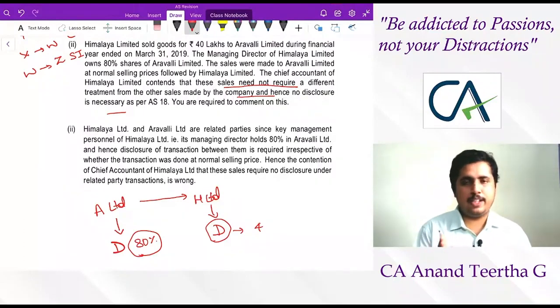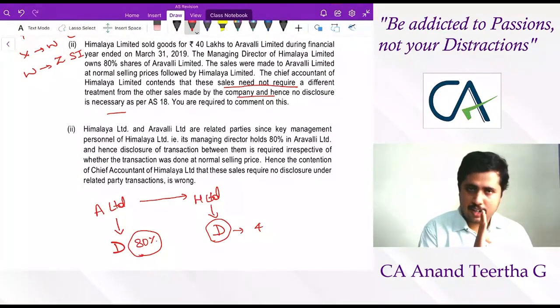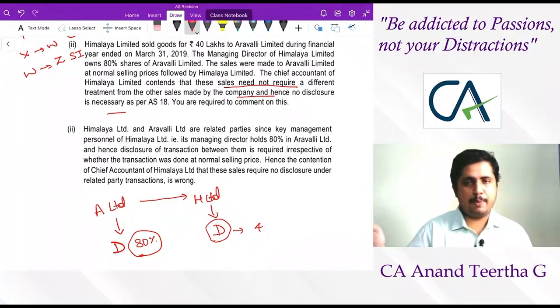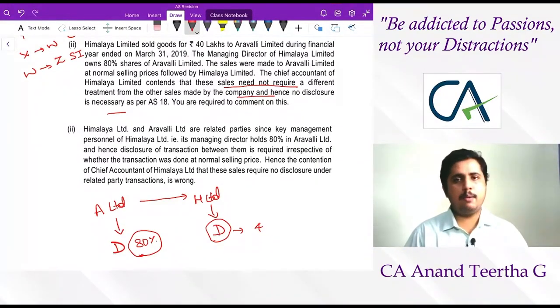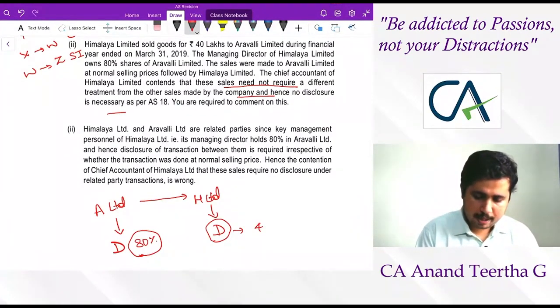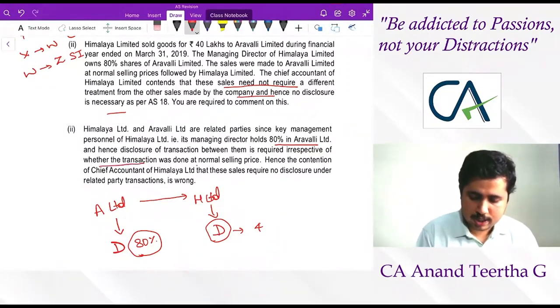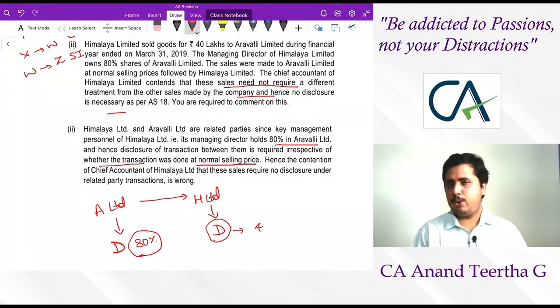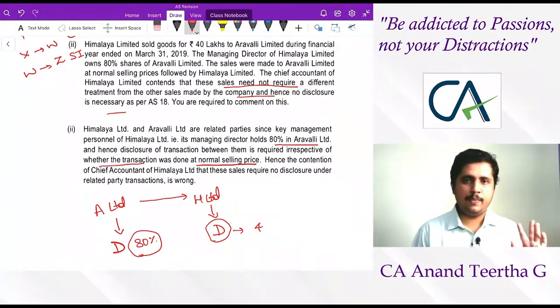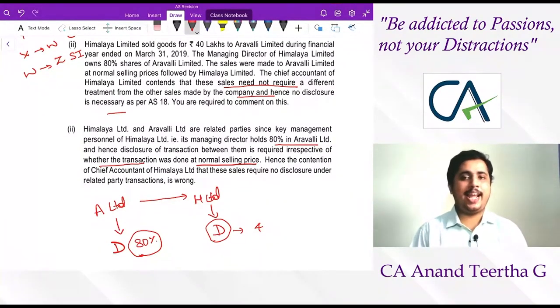Himalaya and Aravalli are related parties since key management of Himalaya Limited holds 80% in Aravalli Limited, and hence disclosure between them is required irrespective of whether the transaction was done at normal selling price. Whatever price it is, accordingly, that will be considered. Okay, so with this we even finished AS 18 discussion.